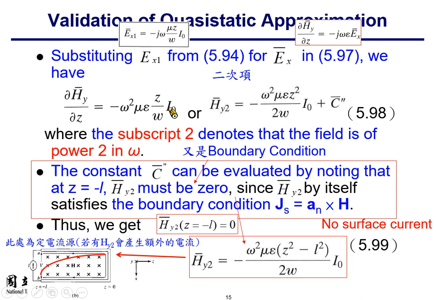So now we should look into the left or into the right for solving the boundary condition for c double prime. Look left or look right. When we looked at the electric field we looked at the right, so now for the magnetic field we look at the left.